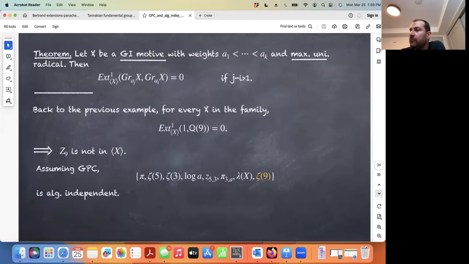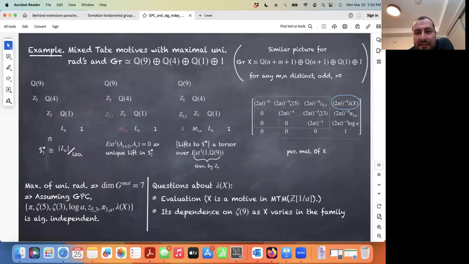Now, I have one more thing, I'm going to finish this in 1 minute. There's one other thing that I want to mention, related to this dependence on zeta of 9.